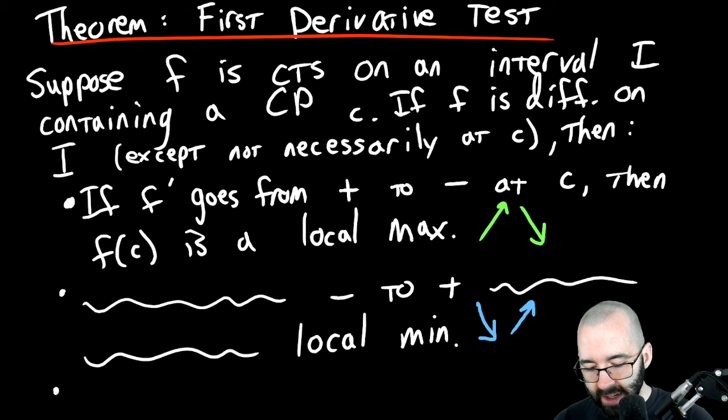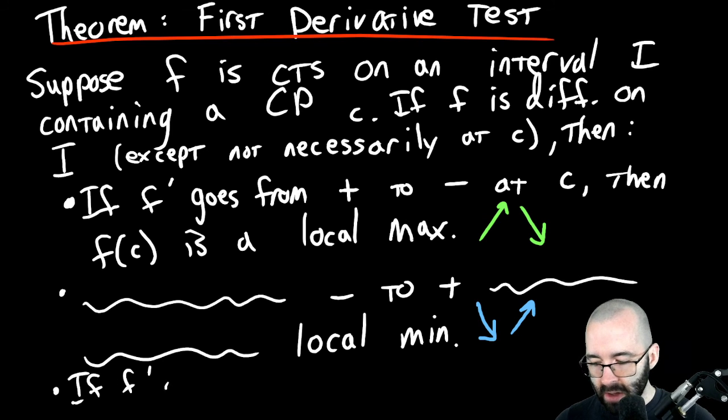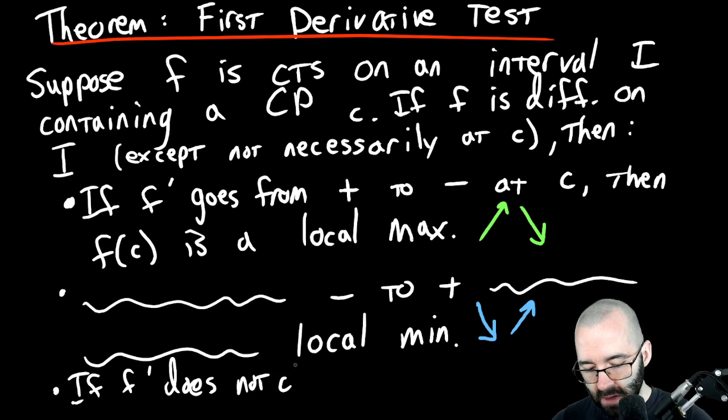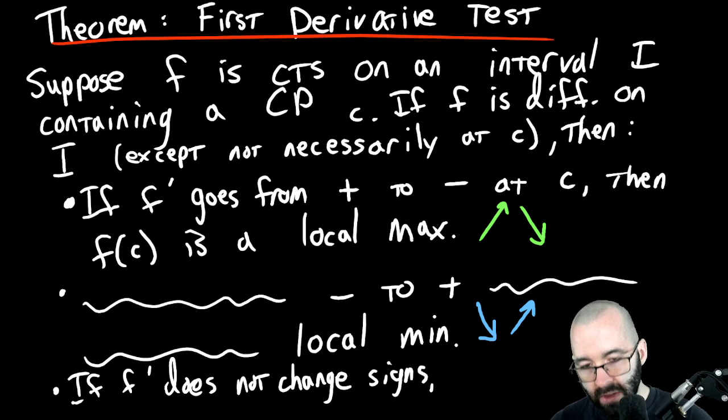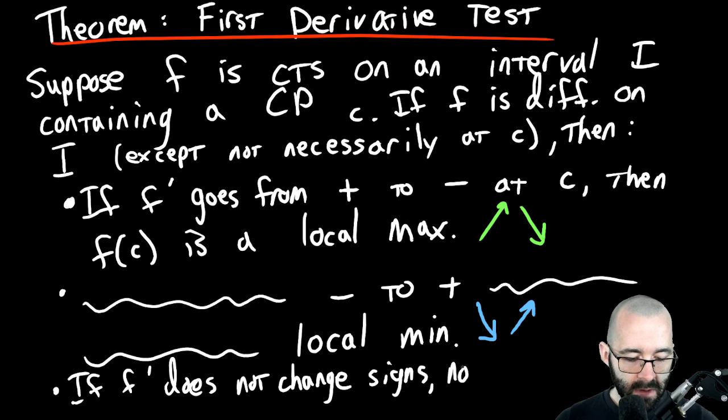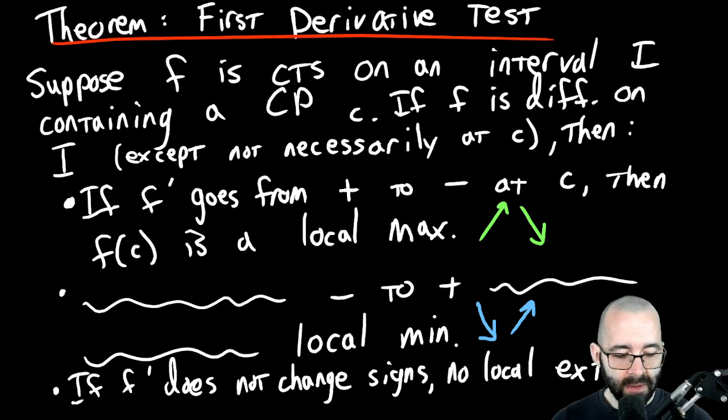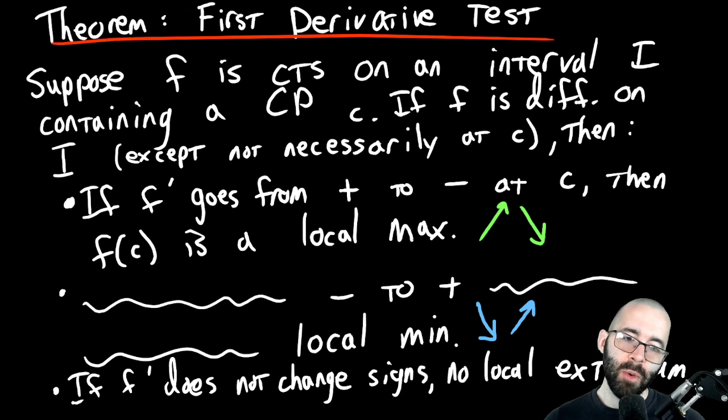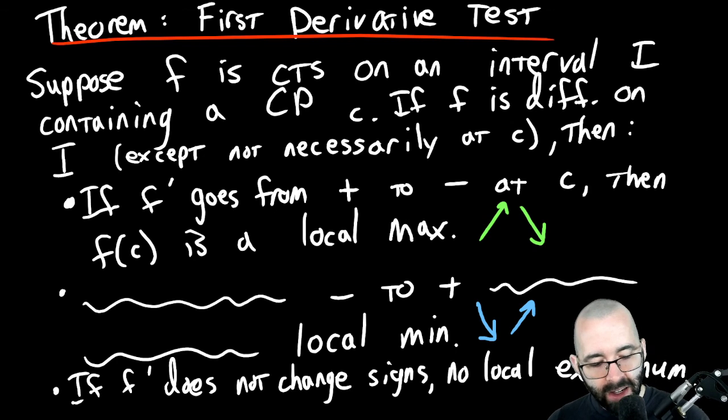And the last case is that yellow case. If f prime does not change signs, then there's no local extrema. I'm going to write behind my head again, aren't I? That word behind my head says extremum. And we have this case in this last one.